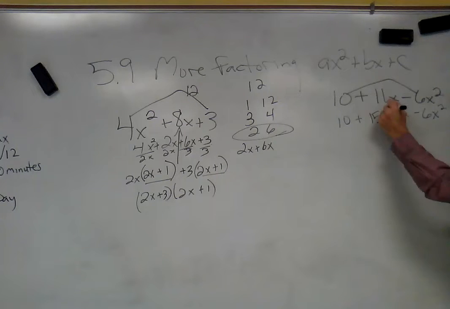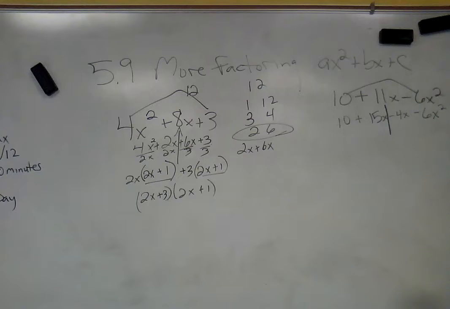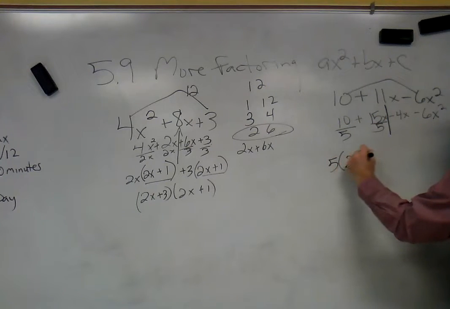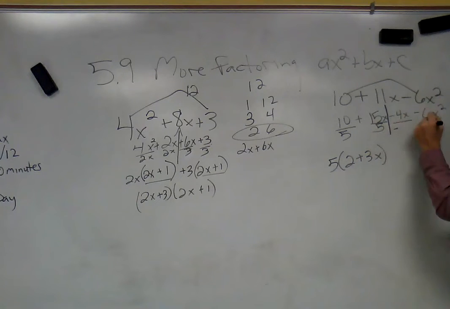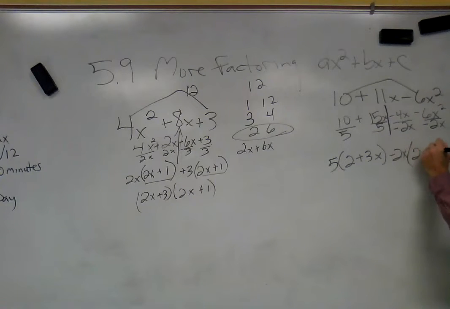So now we got 4 parts, cut in half. What's common in these two? 5. So we get 2 plus 3x. These are both negative, so we're going to take out a negative what? Negative 2x. So negative divided by negative is positive, and so we get 2 plus 3x.